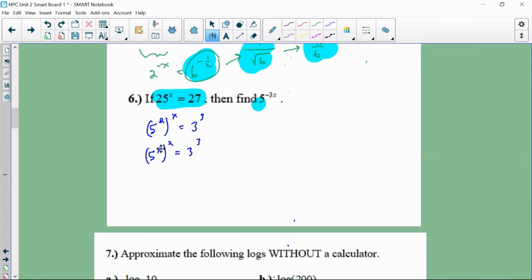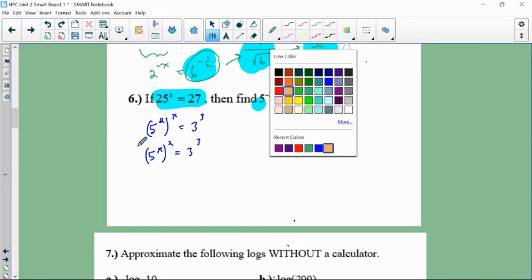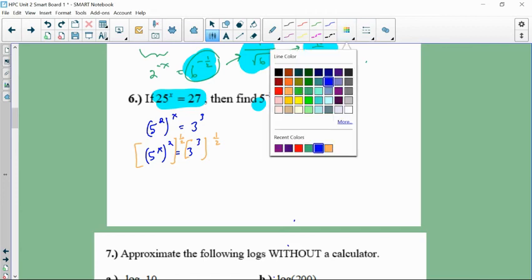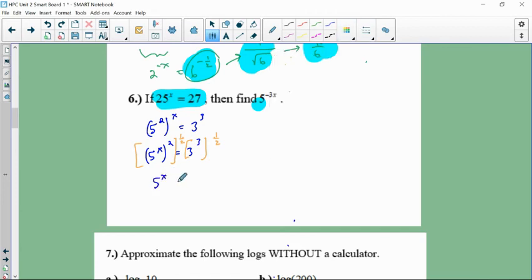So we could try to isolate x. So we could raise both sides to the 1/2 power, because raising both sides to the 1/2 power would cancel this outside 2, because you just would have multiplied. So we raise this to the 1/2 power. So those cancel. So that is simply 5 to the x equals 3 to the 3/2 power.